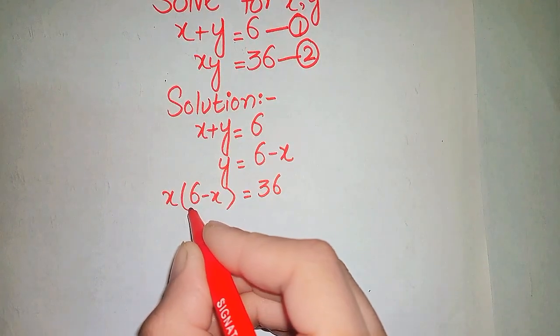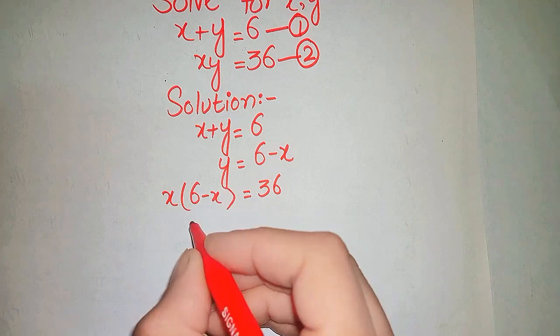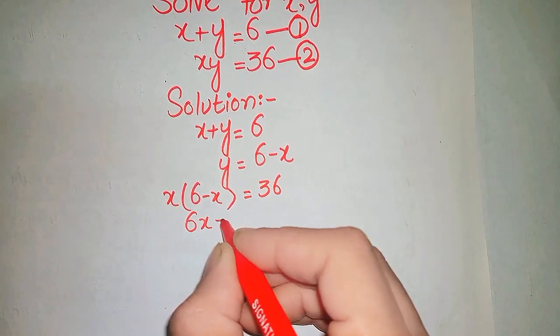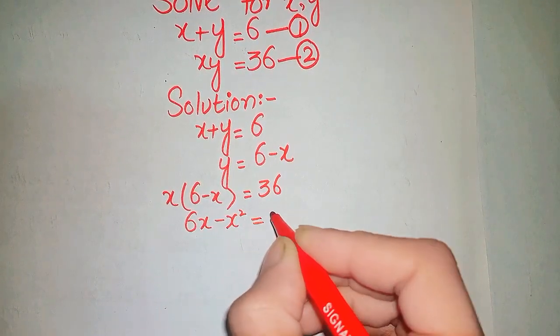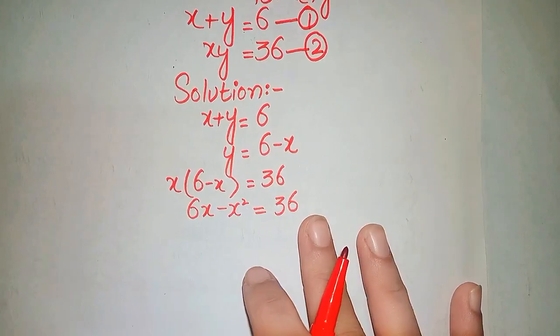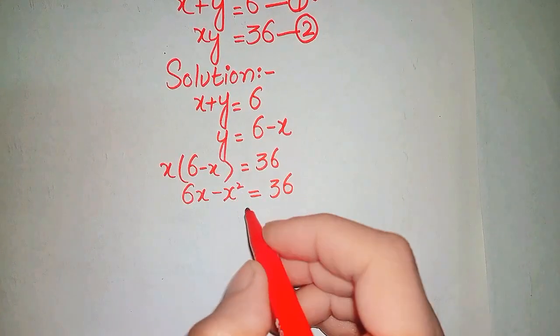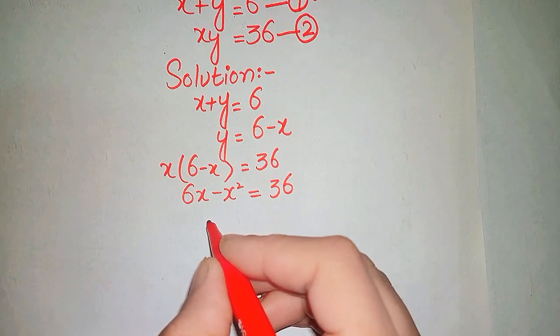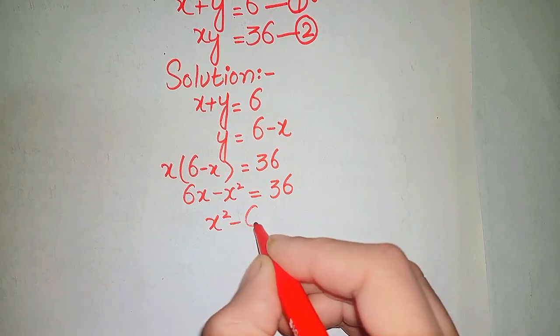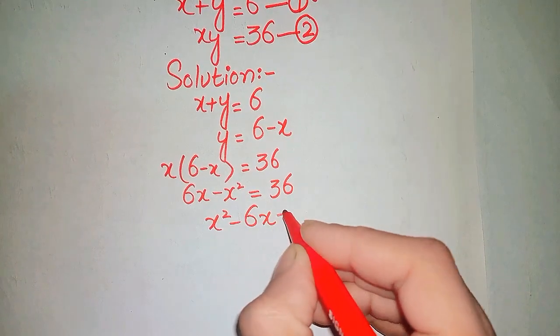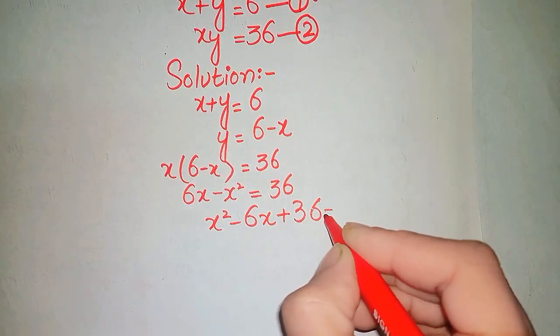When this x multiplies with the bracket, it becomes 6x minus x square equals 36. Now when we rearrange this equation, it becomes x square minus 6x plus 36 equals 0.